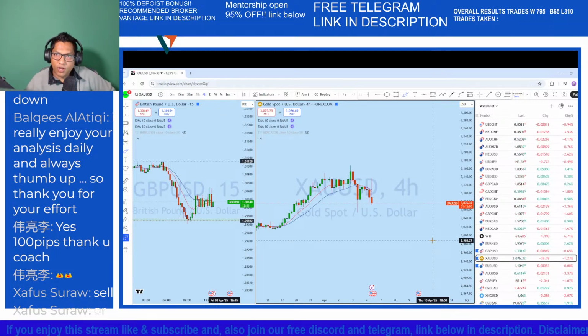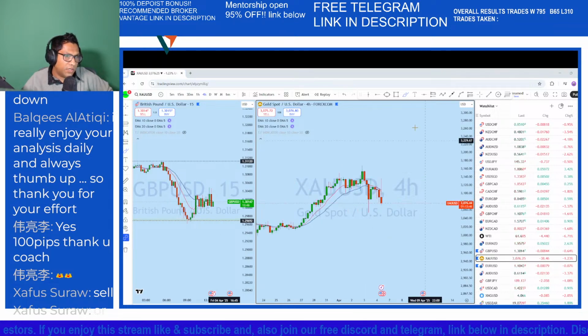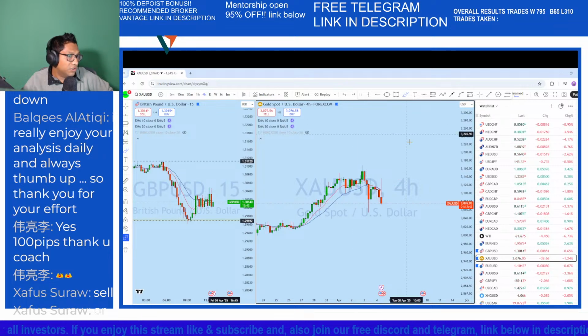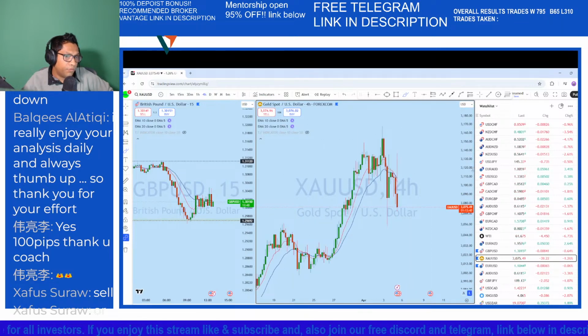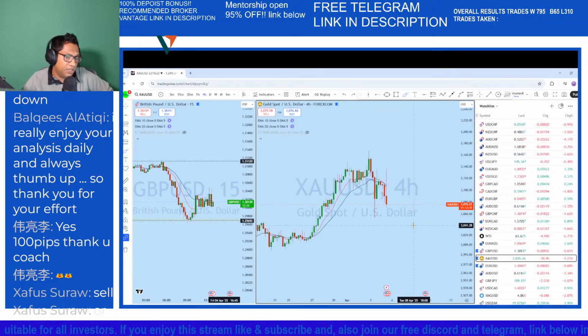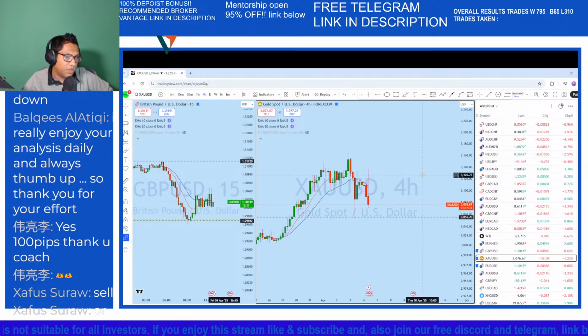now this 4-hour. If this 4-hour is closing, okay, you can see this is a resistance, liquidity gap. If this 4-hour is closing back below, we may see the market potentially drop back here to the support level.